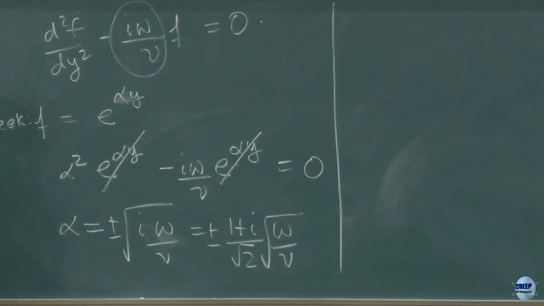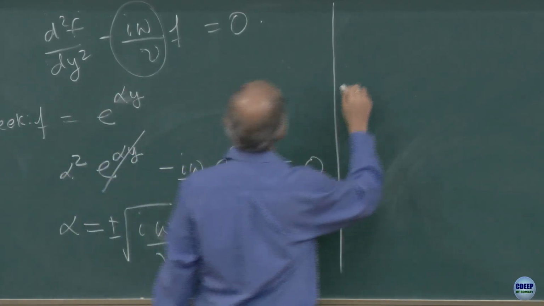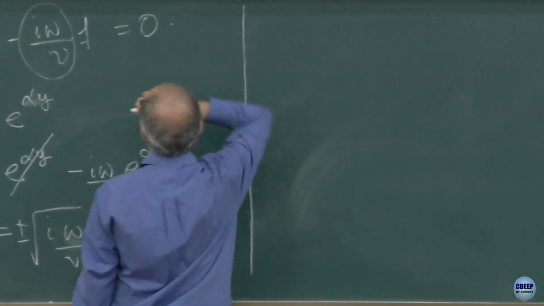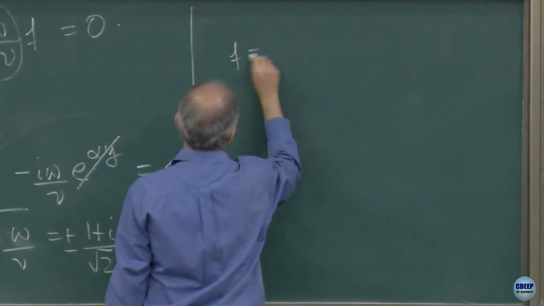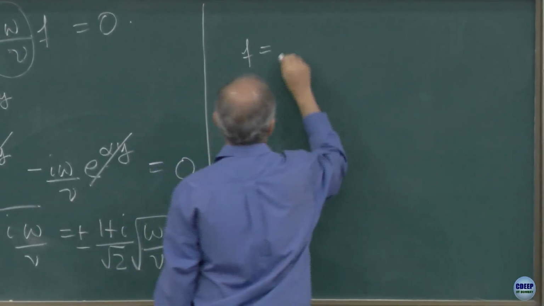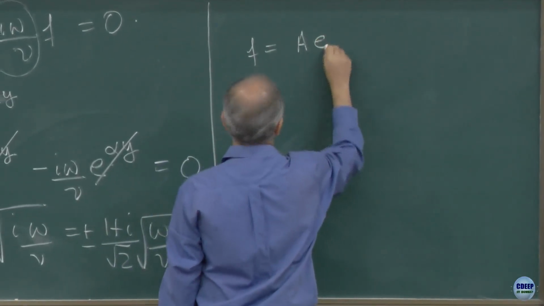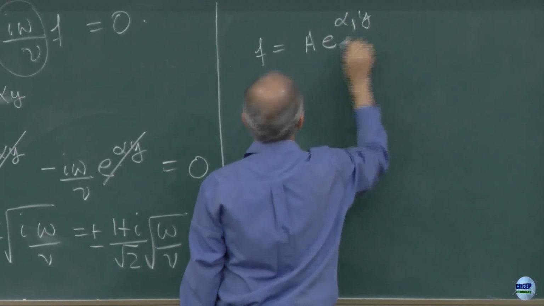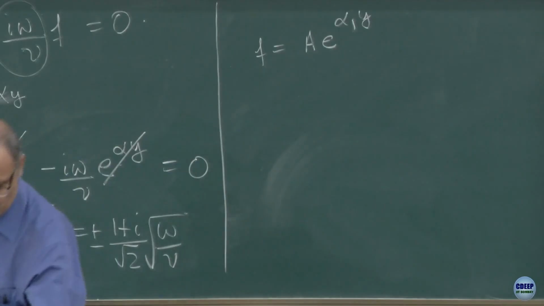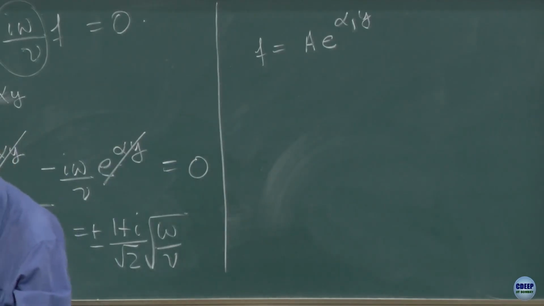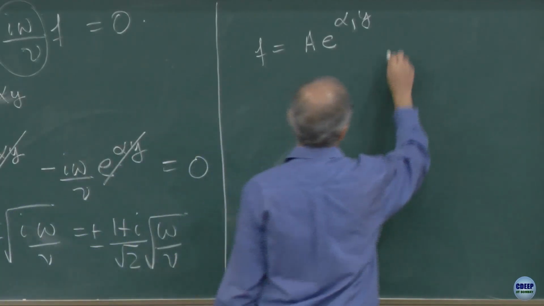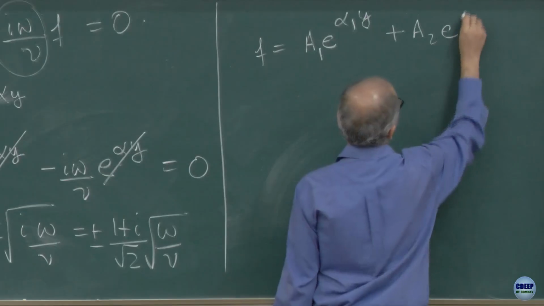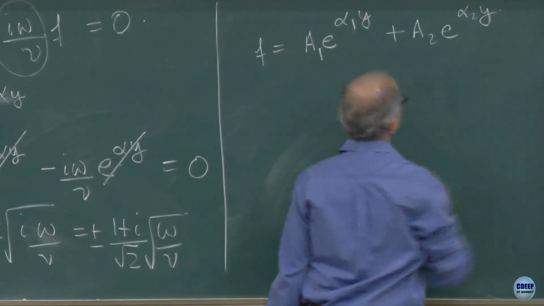Okay, so what is my solution that I get? My u or my f is equal to, let us say, a1 times exponential of alpha 1 y plus a2 times exponential of alpha 2 y. Everybody with me?